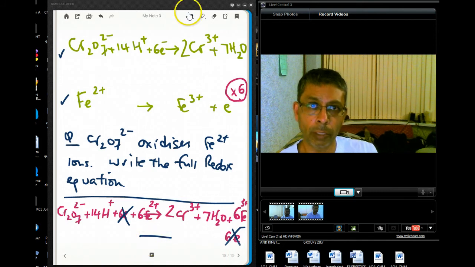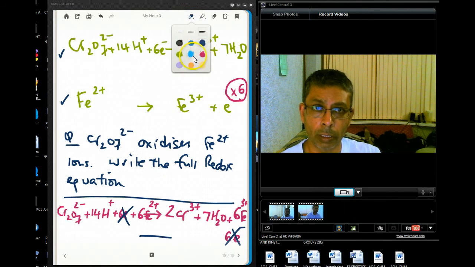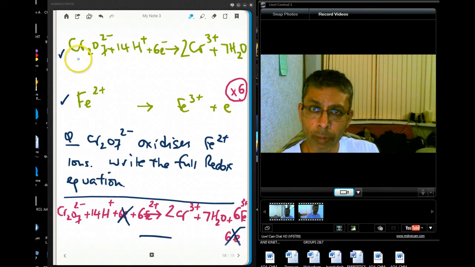Okay, now just let me point out to you the oxidation numbers in these two half equations. Chromium's oxidation number, right, plus 6. Remember, 7 times minus 2 makes minus 14. So the 2 chromiums have to be plus 12. So each one has to be plus 6. Remember, overall 2 minus.